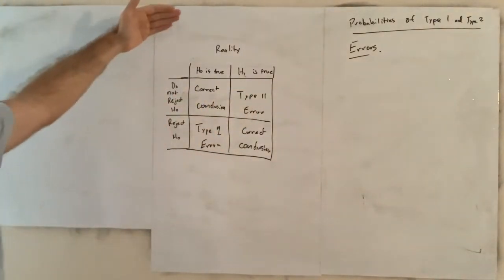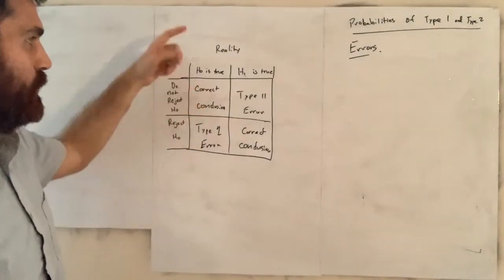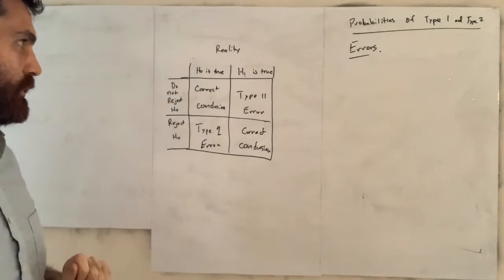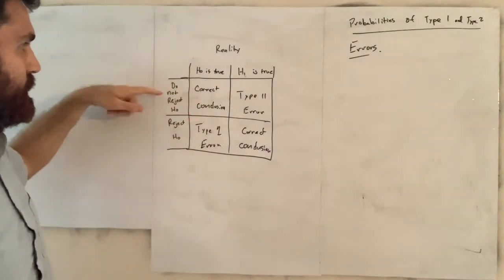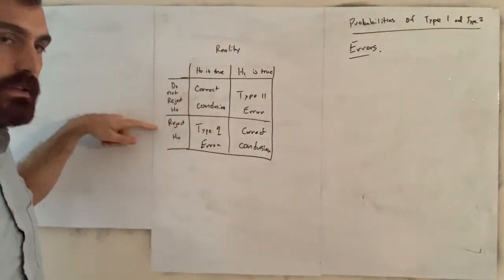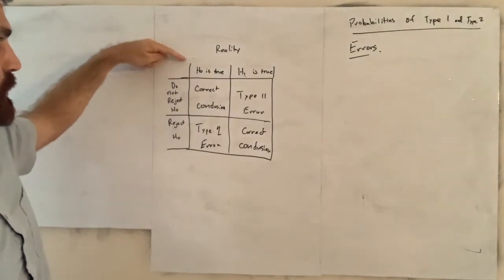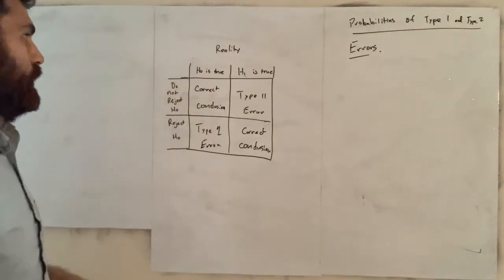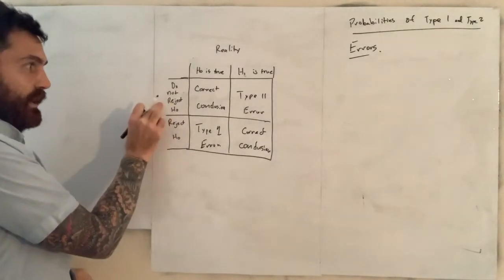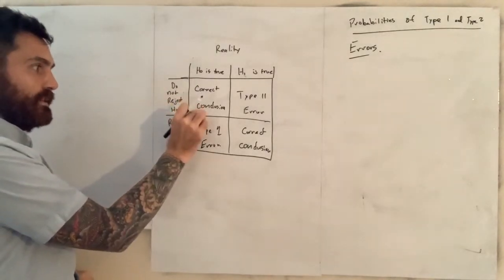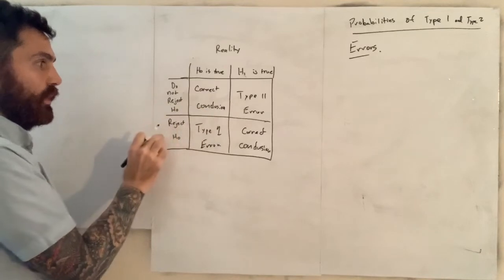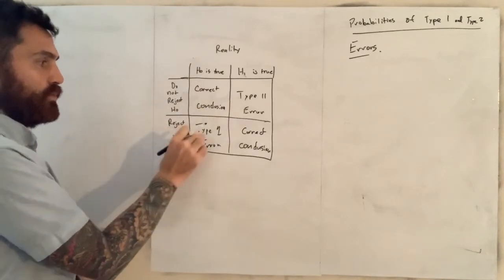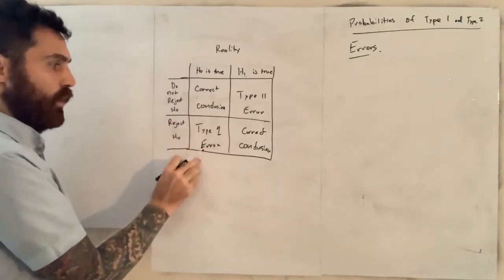But how it works is we have this matrix: either H0 is true or H1 is true. And this is how you can react. If H0 is true, you can react by either not rejecting H0, which would be the correct conclusion, or you can react by rejecting H0, which would be what we call a type 1 error.